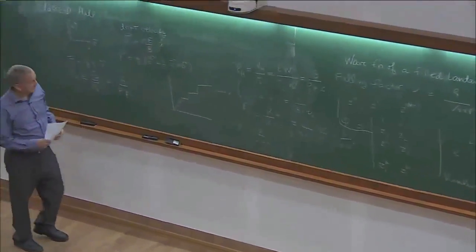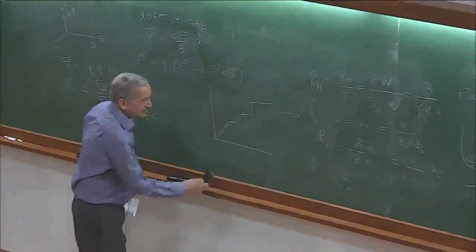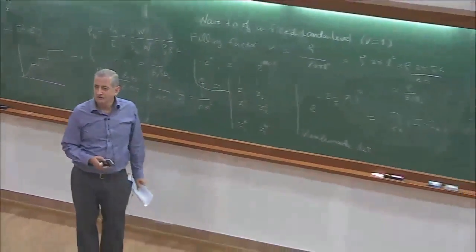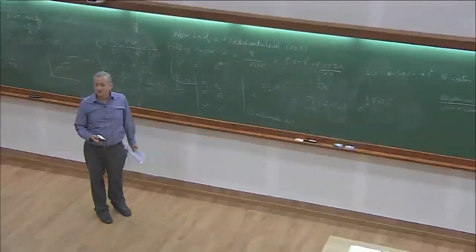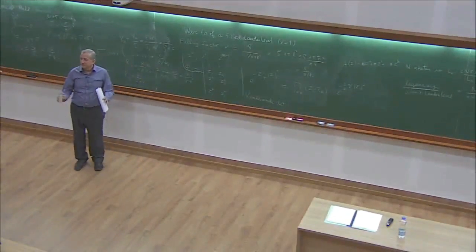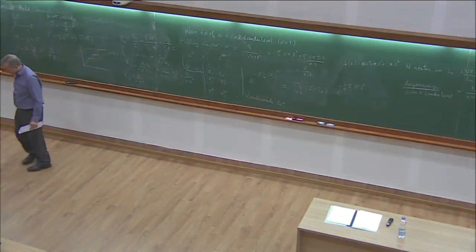So let me very quickly say in the last few minutes of this lecture what we expect disorder to do. I am not going to go into detail, just give you a very simple pictorial description of the role of disorder.